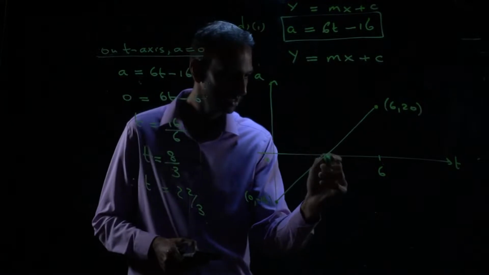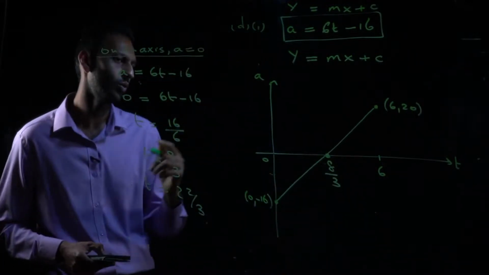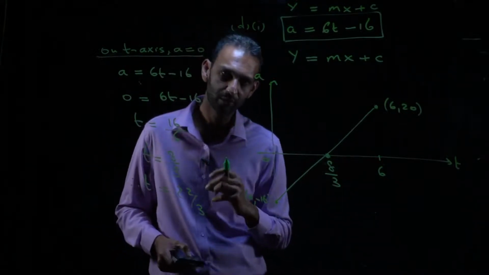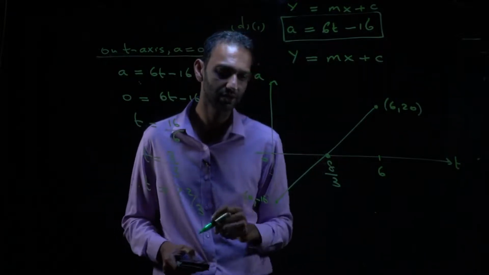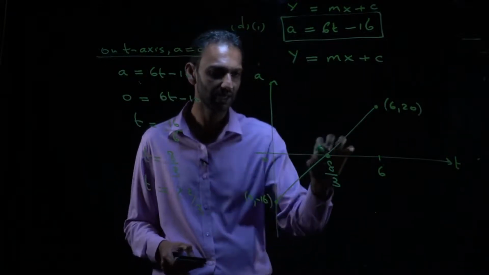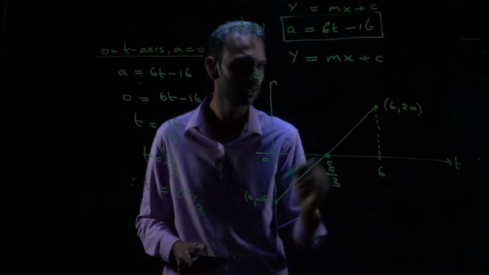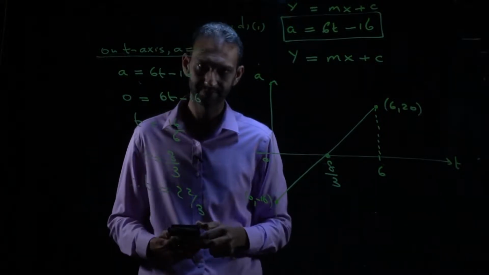So here, it's 8 over 3, or you can write it as 2 and 2/3. Why am I writing this value? Because the question says, show on the sketch the points where it crosses the axes. So we have 0, minus 16, 8 over 3, and 6, 20, which are the boundaries. So that's the sketch for the acceleration.